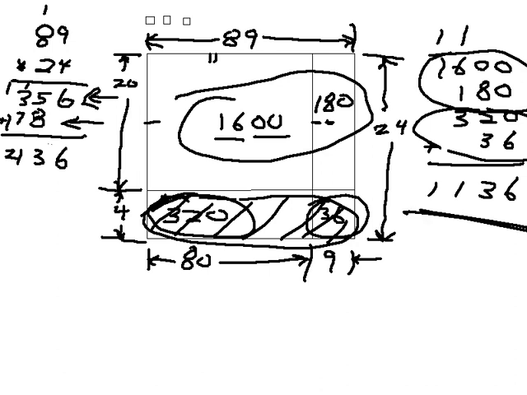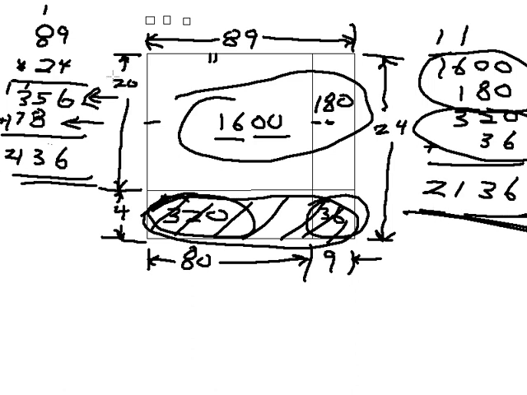Same thing. Oops. Oh, I made a mistake here. I got in a rush. Okay. 1 plus 1 is 2. 2136. Same answer both times.